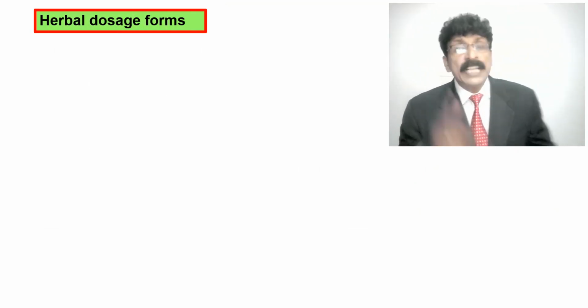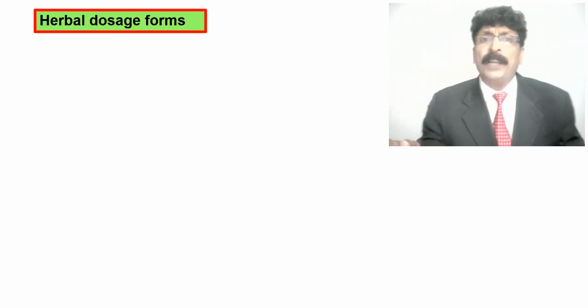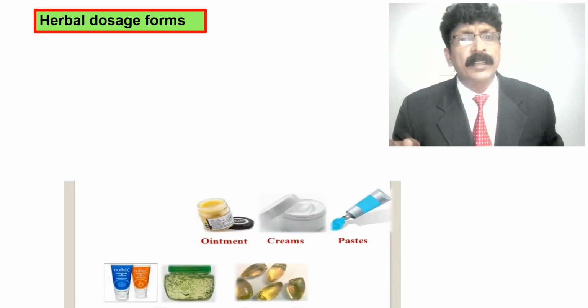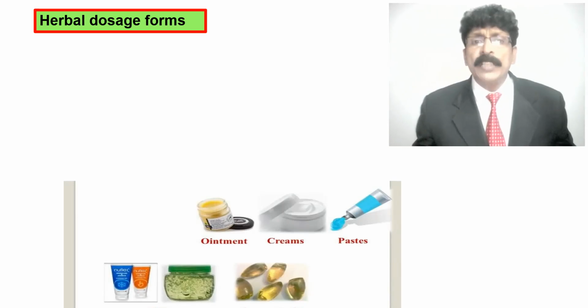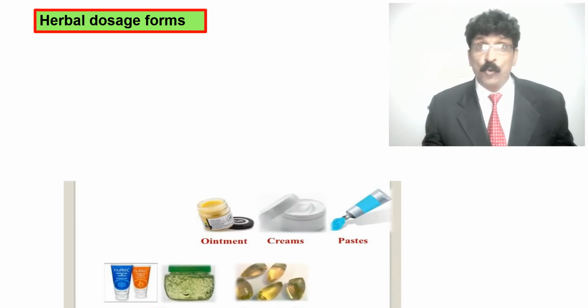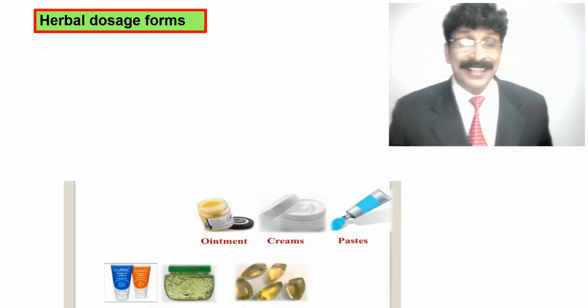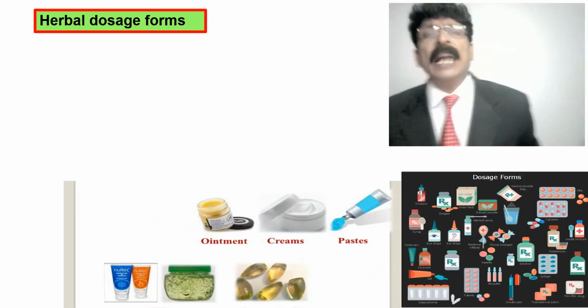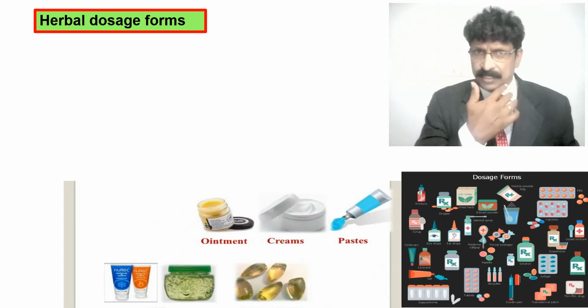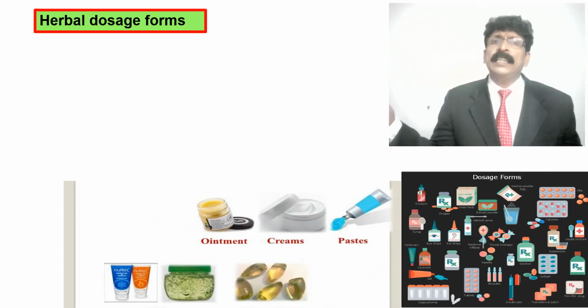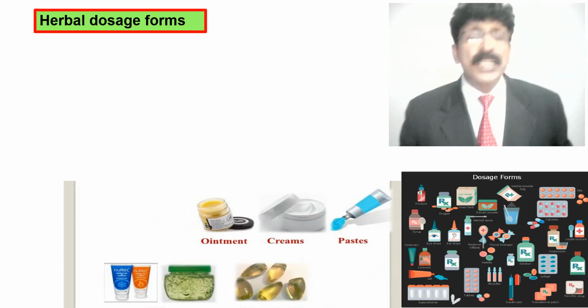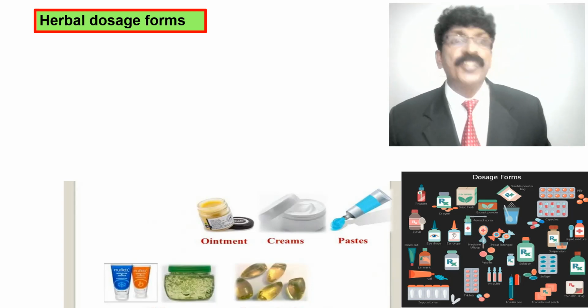Herbal dosage forms. What do you mean by herbal dosage form definition? There are many dosage forms in cosmetics also. Creams, ointments, external paste, gels, suppositories, and many other formulations. Even you can see there is phytosomes, and we have many advanced formulations also available.